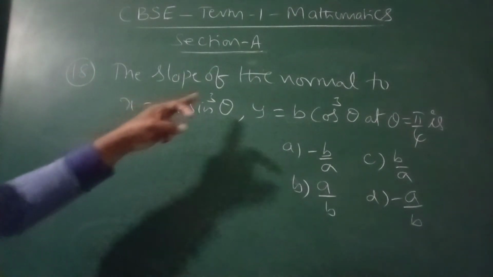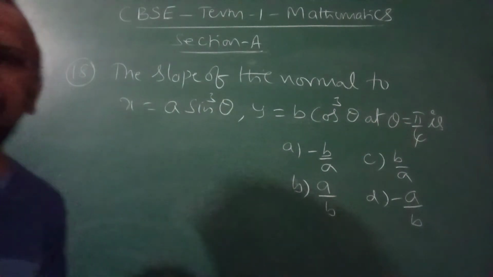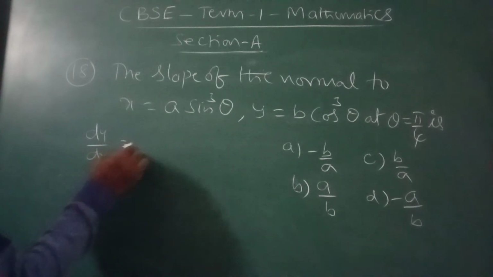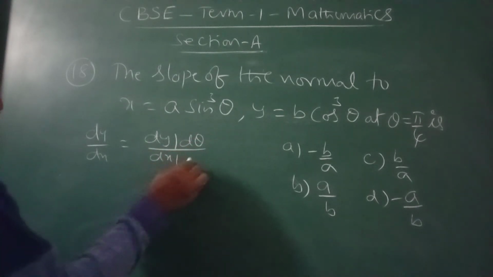They are asking the slope of the normal. First we find the slope of the tangent, dy by dx. I can find dy by dx as dy by d theta divided by dx by d theta.